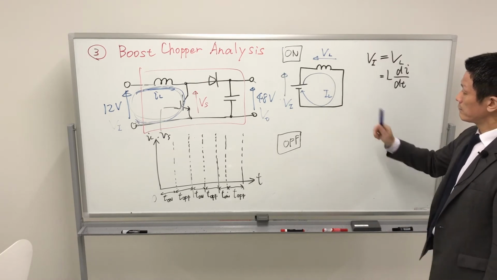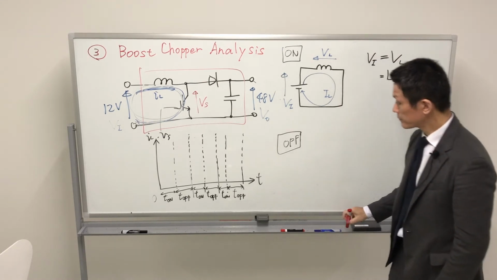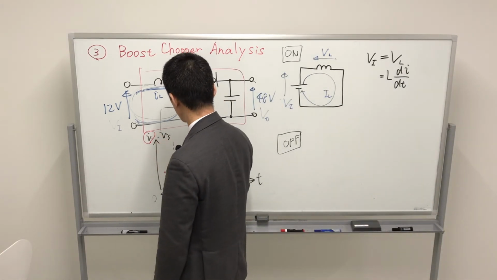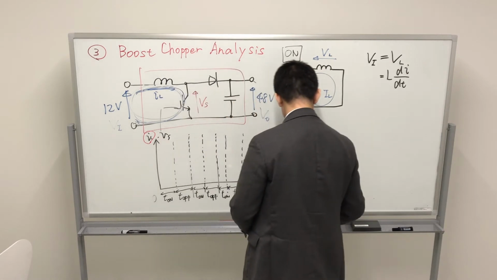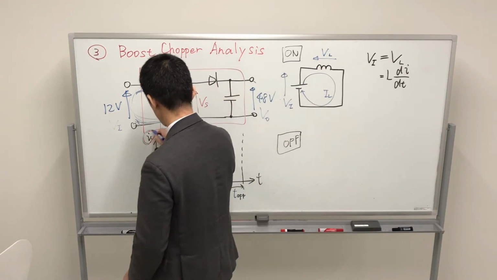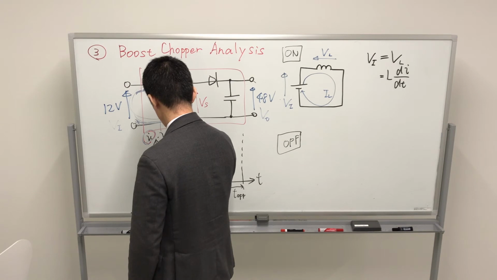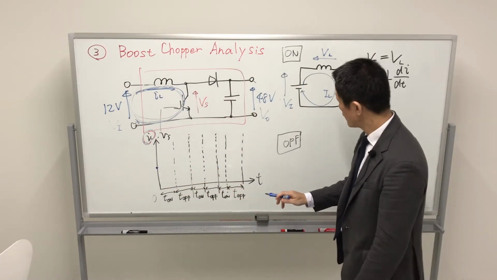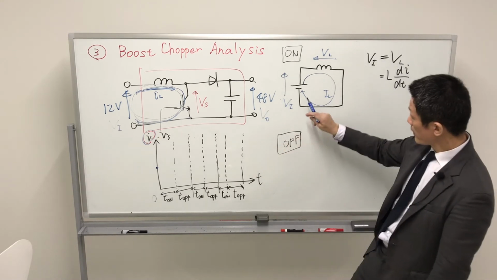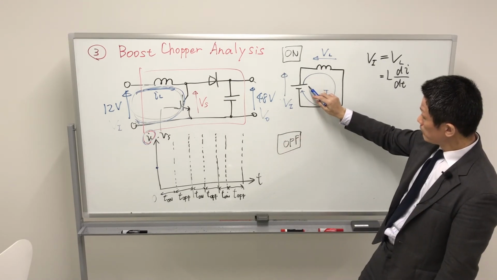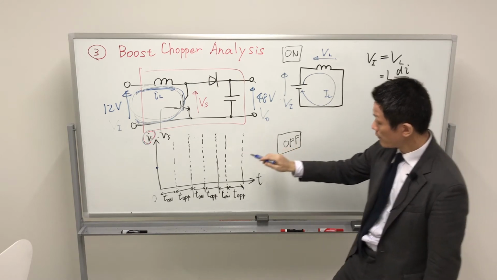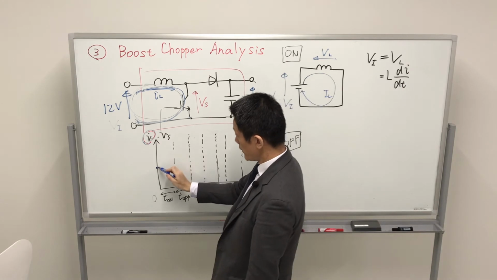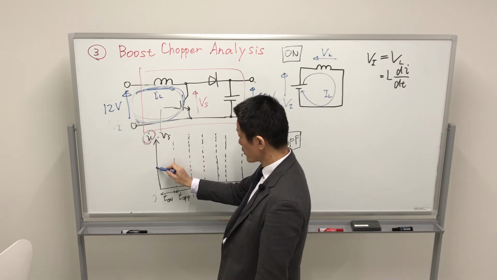And in this analysis, if we start from IL, the blue line, the start point of IL, very simple. In case of turn on, this current value increases linearly.